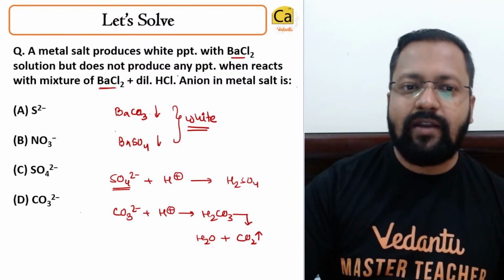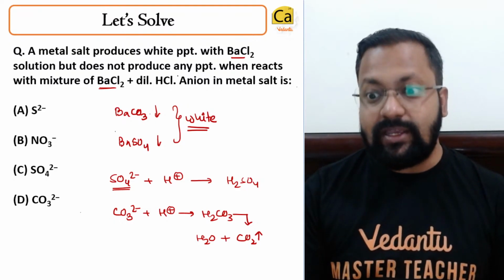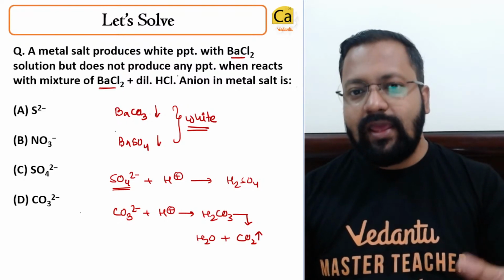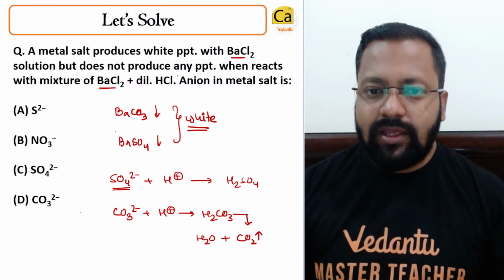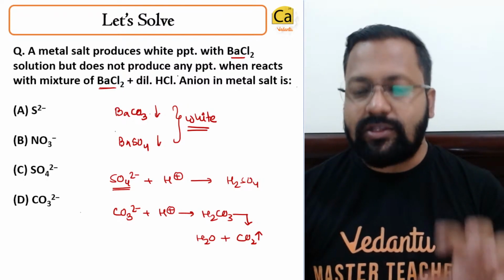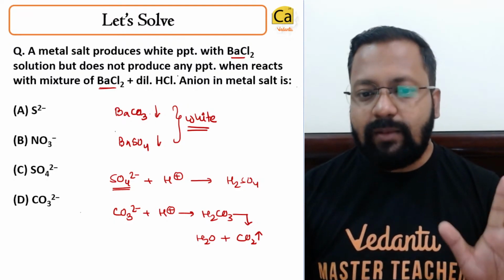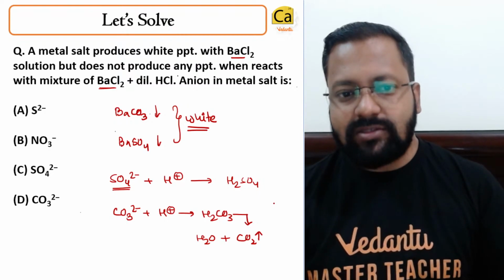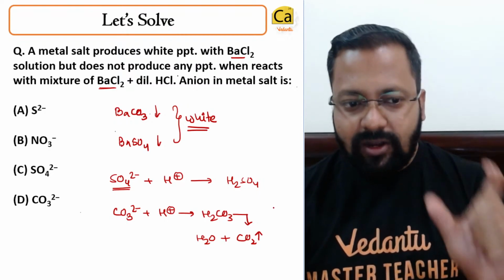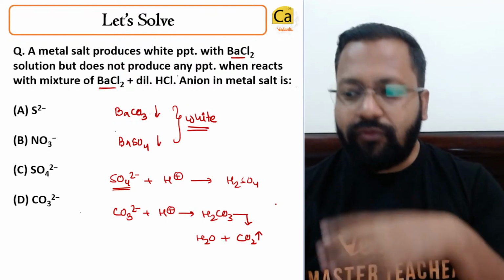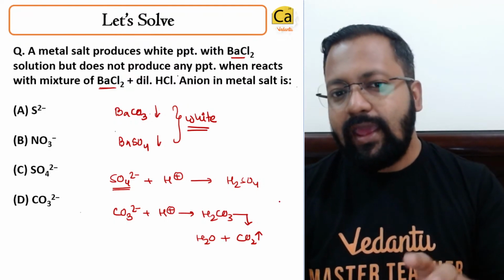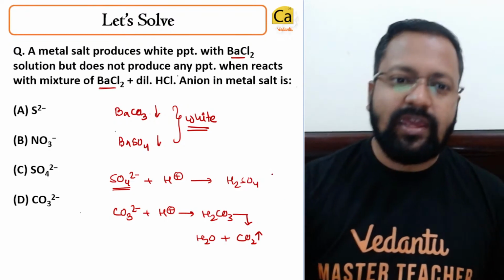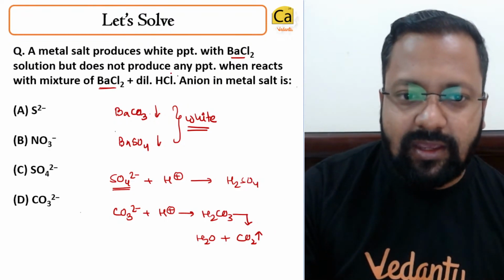No precipitate when it is barium chloride and dilute HCl. That means dilute HCl is doing something to the anion and removing it so that barium chloride does not produce a precipitate. Tell me something. In which case will the dilute acid remove the anion from the solution in the form of a gas or something else?